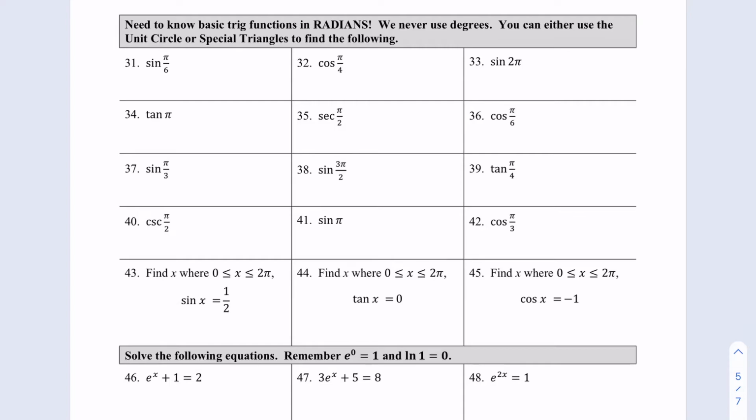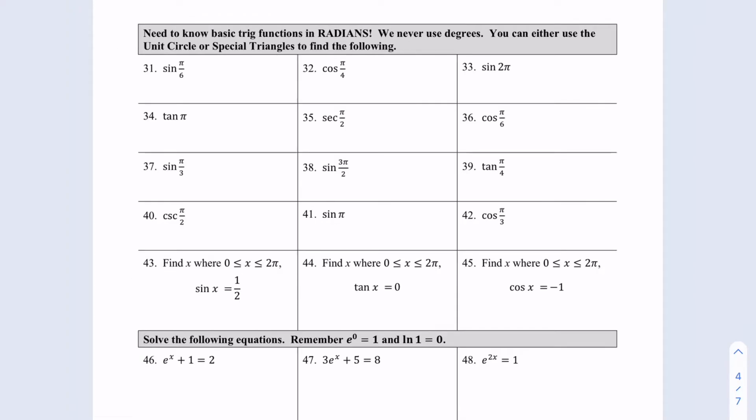Number 31 to number 42 are the trig values of special angles. Sine pi/6, 1/2. Cosine pi/4, radical 2 over 2. Sine 2 pi, 0. Tangent pi, 0. Secant pi/2 equals 1 over cosine pi/2. Cosine pi/2 equals 0, so it's undefined here.